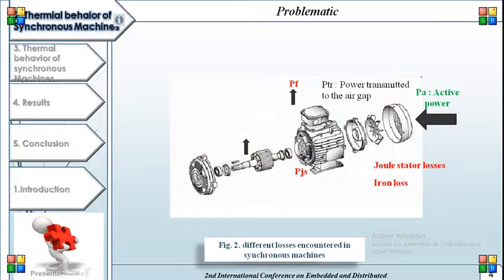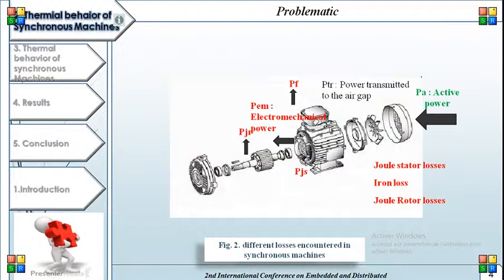So the transformation of energy from one form to another by means of a machine is always accompanied by a heating of the different parts of the machine, and the increase in temperature can also modify the properties of the material we coat. So we coat for example permanent magnets and winding insulator.